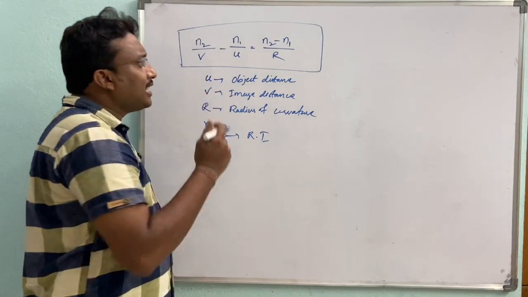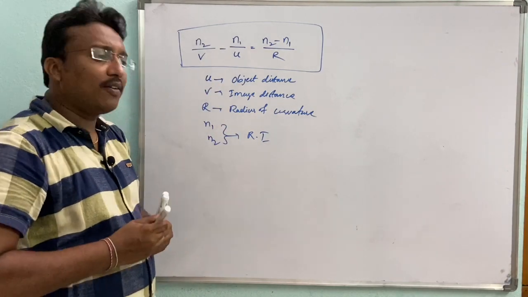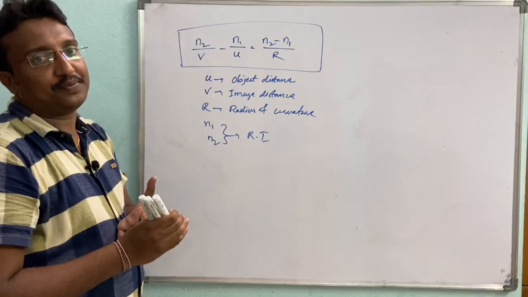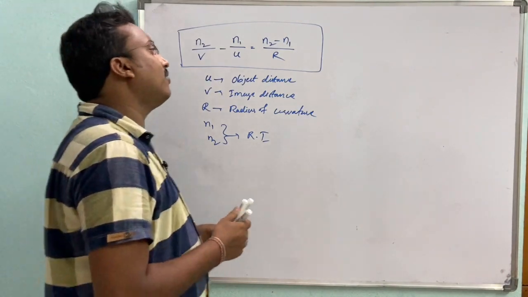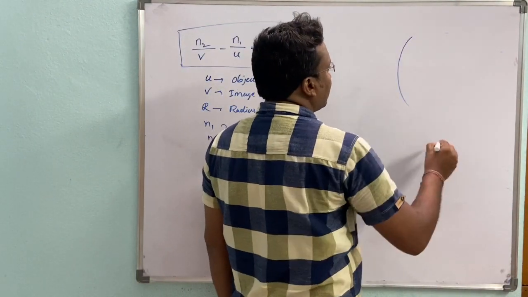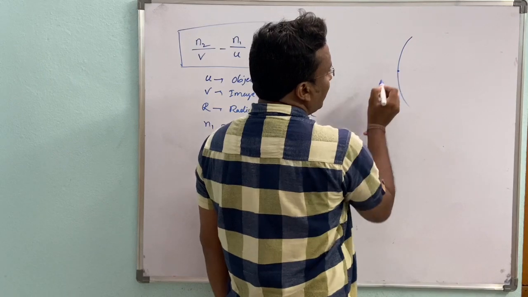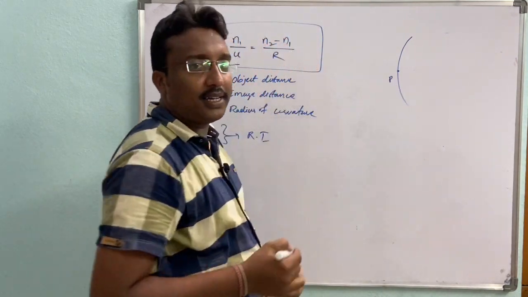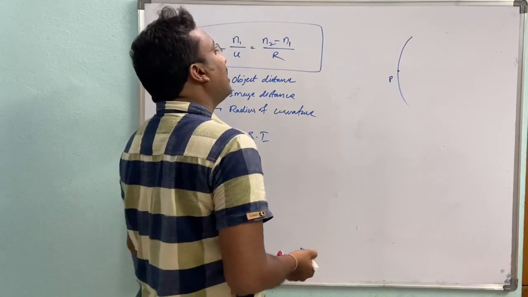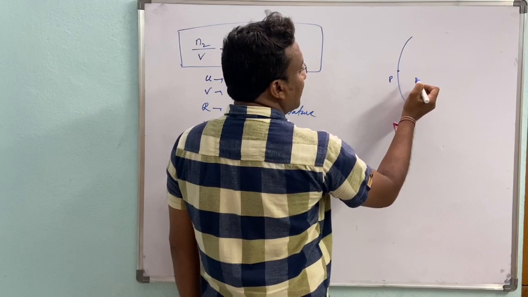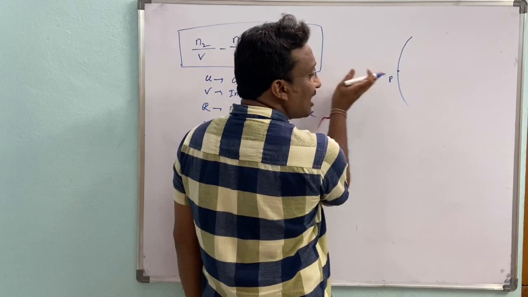While using this principle, again we have to follow the sign convention. What we know as the sign conventions, the same sign conventions we will take. Always we have to measure the distances from the pole, right?